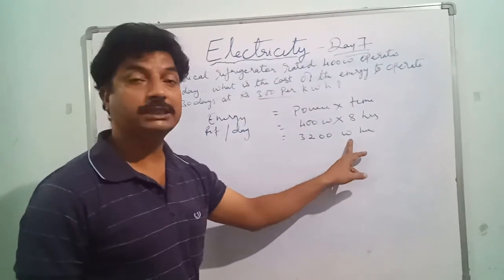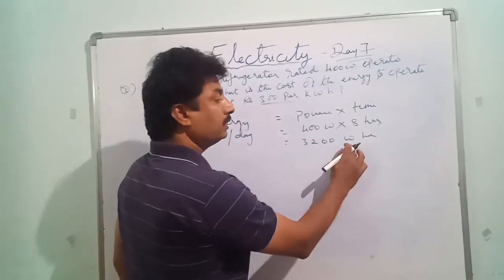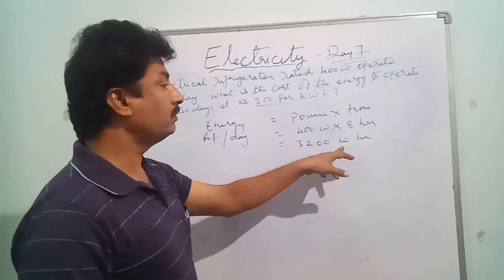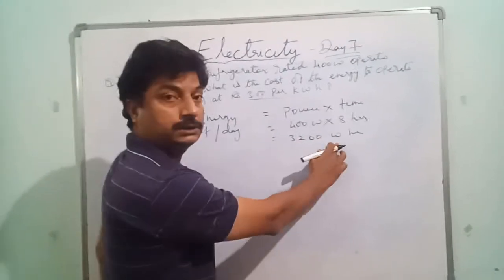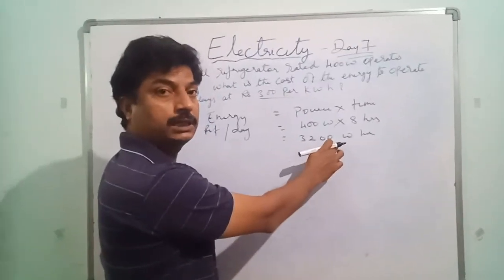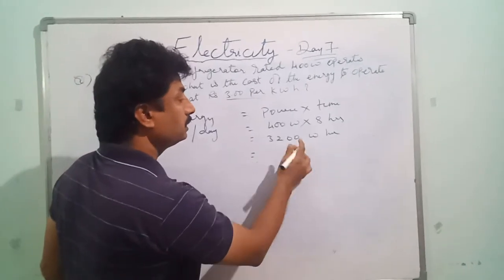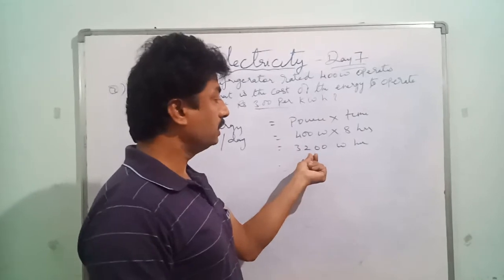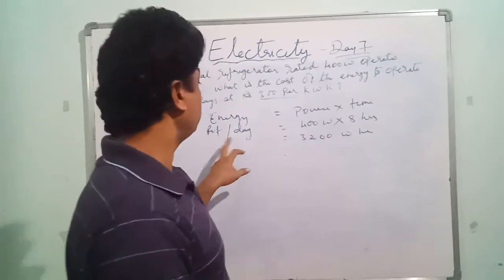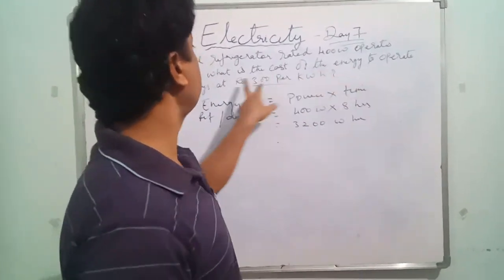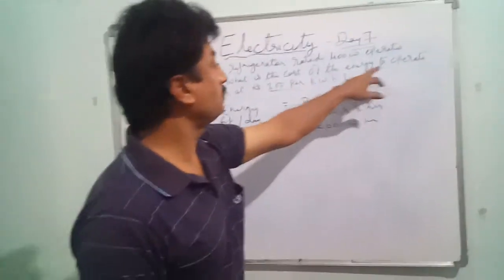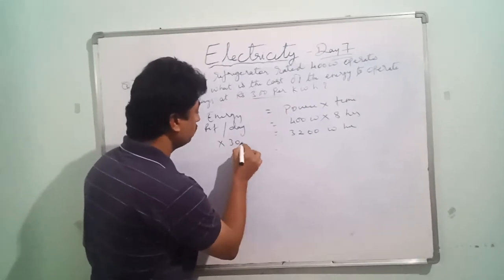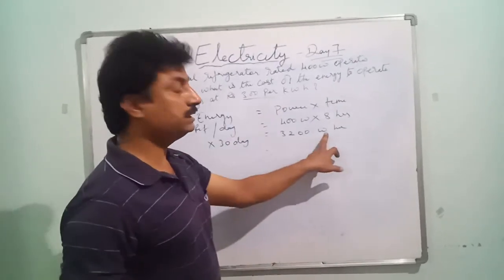Now we need to convert this to kilowatt hours. This is per day, but here we have been asked to find the cost of energy to operate for 30 days. So we need to multiply this with 30 days, because this is per day.